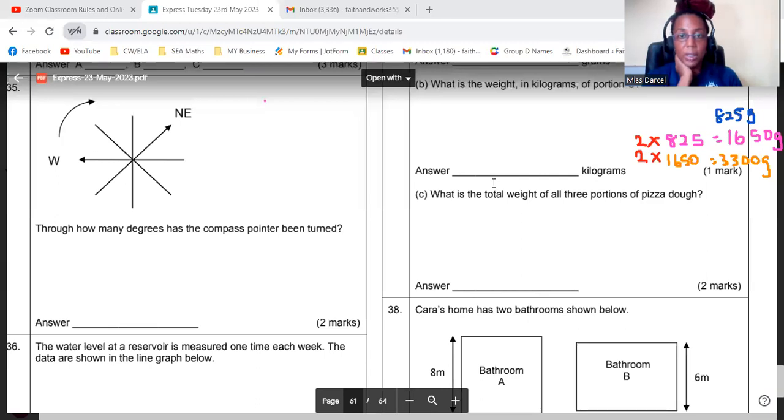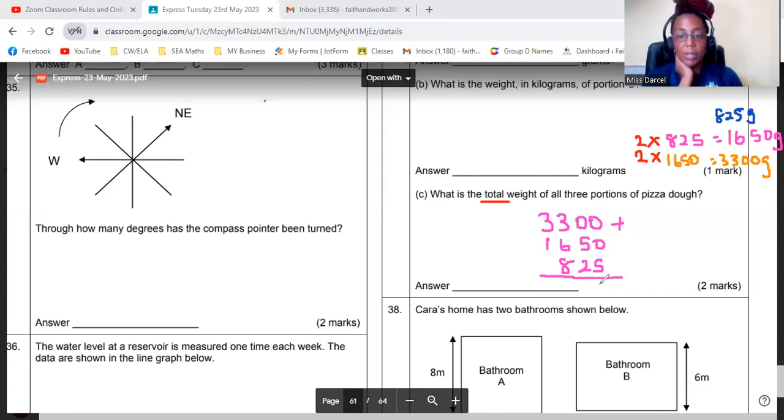All right, so total weight, that's a keyword clue. Total usually means addition, right? So let's add all of them together. Let's have the largest number first. So we have 3,300, 1,650, 825.